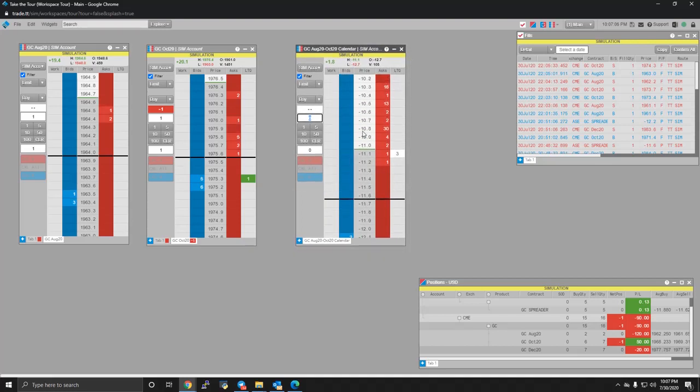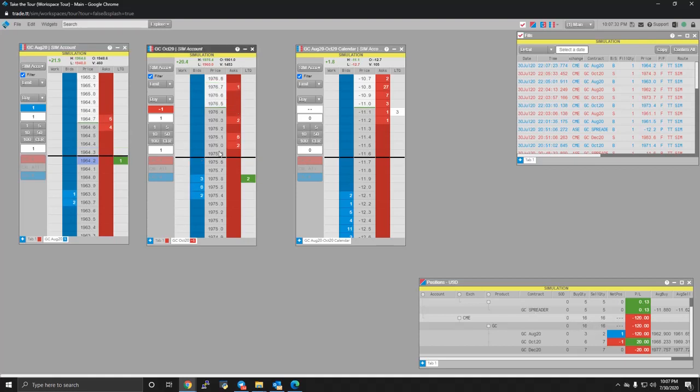We see it's very wide and very illiquid at this point, getting so close to first notice, with gold really not being traded much after it. But for educational purposes here, we're going to demonstrate rolling a long contract with the calendar spread market. So here we notice in the position window that I'm long one.